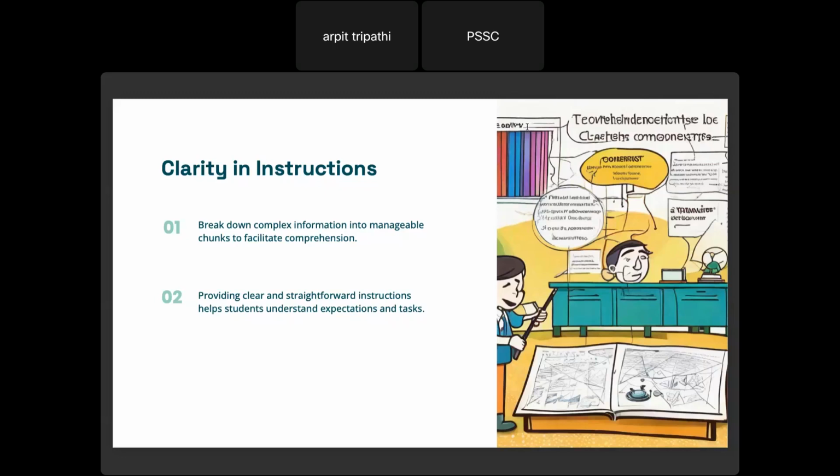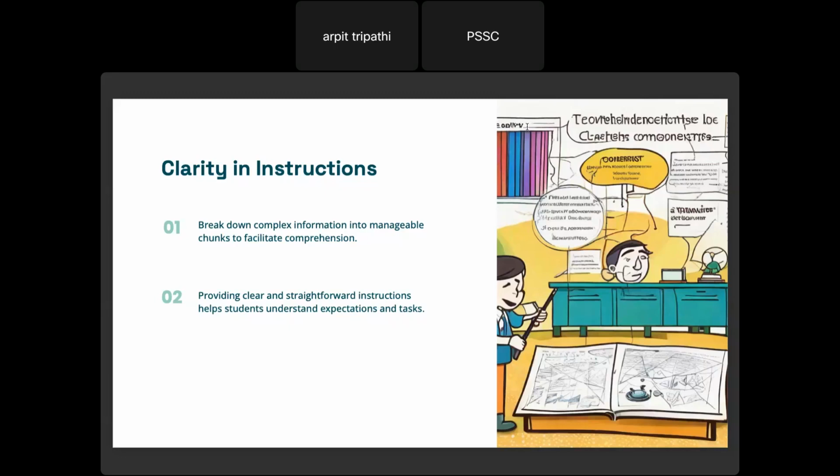Also, for clarity of instructions, you can use analogies and metaphors to explain complex concepts in terms that students can relate to and can understand. So drawing parallels to familiar situations or objects can make abstract concepts more concrete and accessible to students. Also, provide examples.